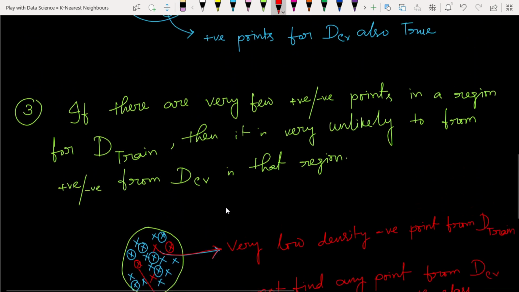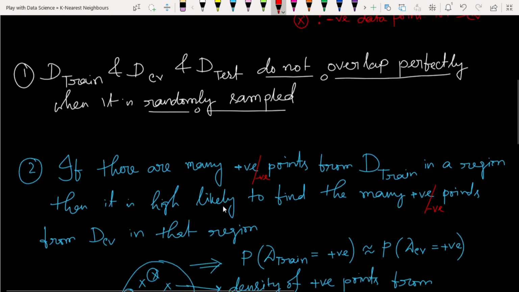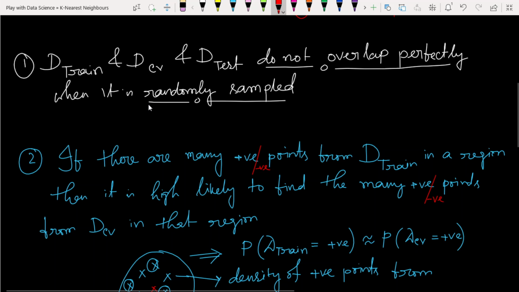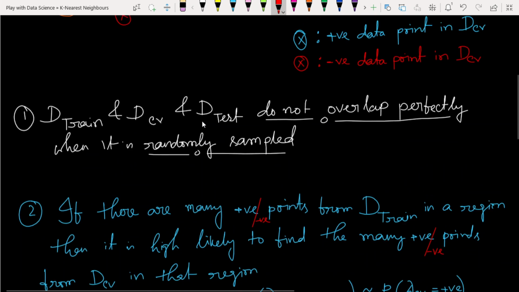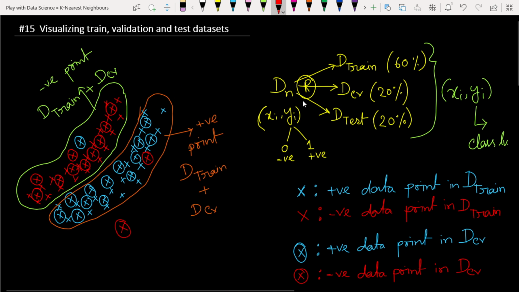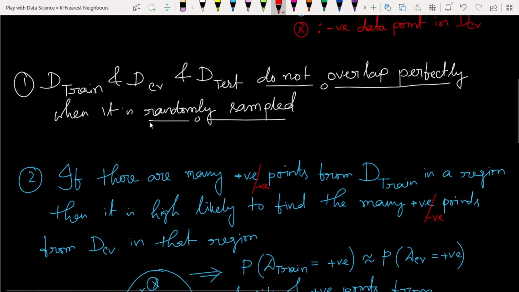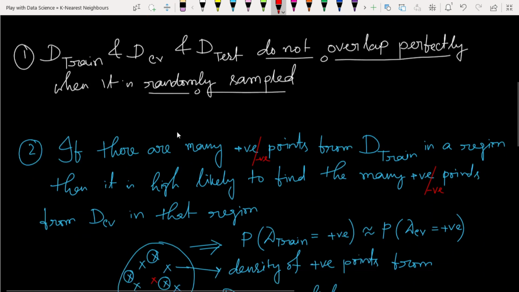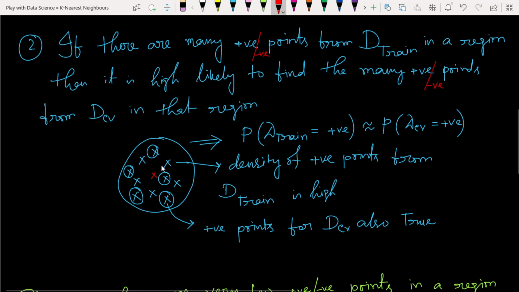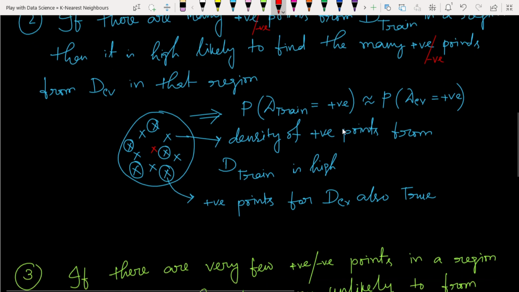Okay, I think the three definitions are clear; they are all the same thing. The first is that our training data, cross validation data and test data do not overlap perfectly if we partition the whole data set randomly. And if for a particular region and a particular class point the chance is high, the same chance is also true for the cross validation data set.